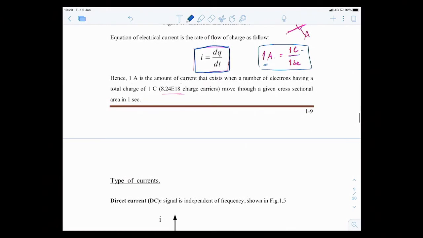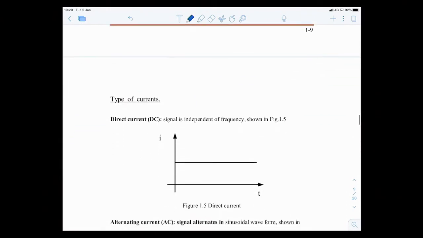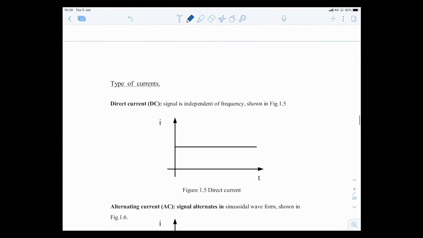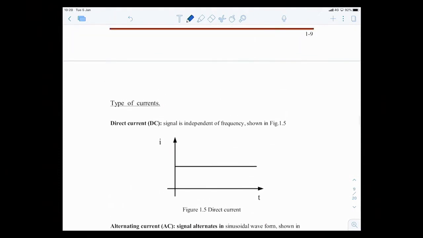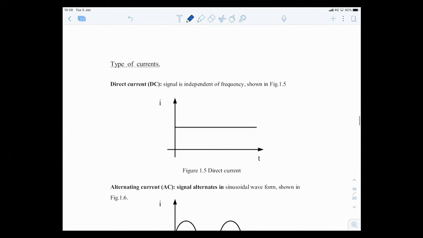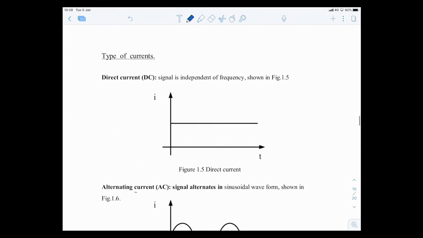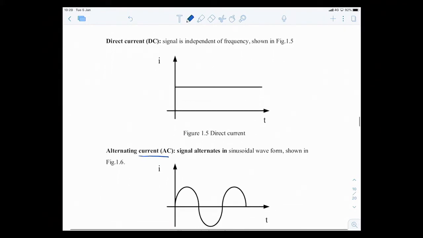Now, currents can be divided into two major types. The first is direct current, DC, which is a signal that is independent of frequency. It's a straight line all the way and doesn't change with time. Another one is alternating current, or AC, which alternates, meaning it moves up and down.